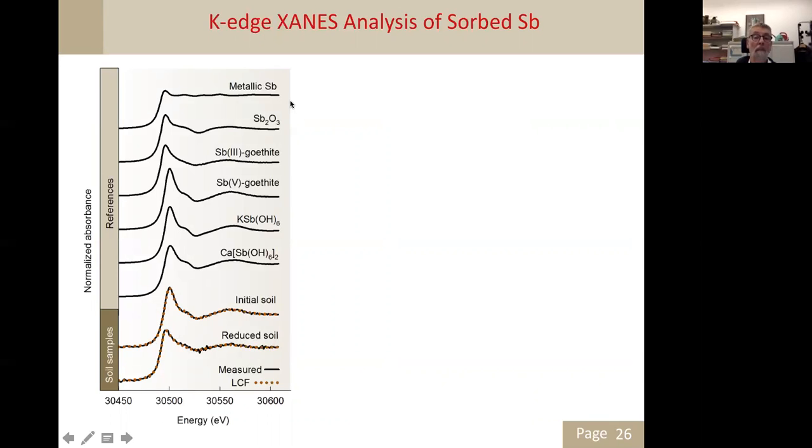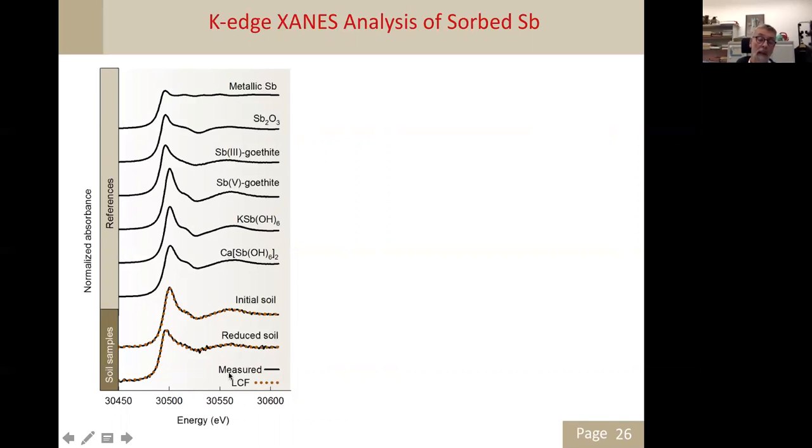And here are some pure substances for comparison: metallic antimony, antimonite, solid antimonite, and then produced antimony 3 sorbed on goethite, antimony 5 on goethite, so on pure mineral, potassium antimonate and calcium antimonate as potential phases of antimonate precipitation in these soils.